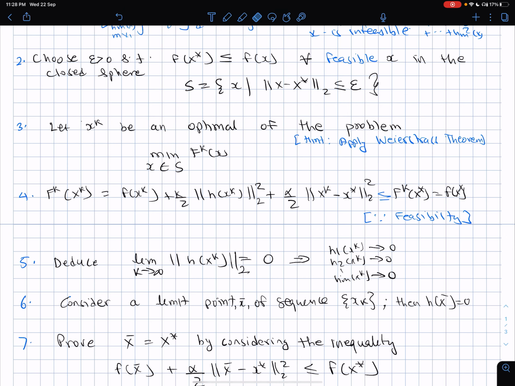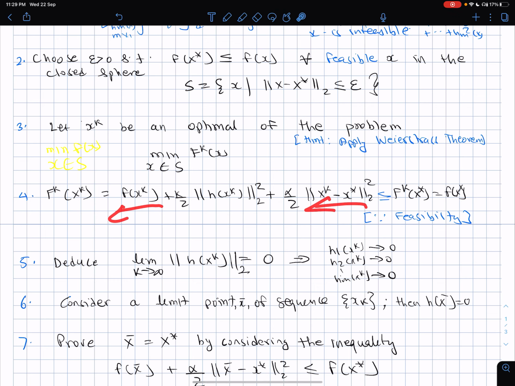Let me rub this here and minimize f of x, x coming from set S. If I look at it, the Weierstrass theorem is applicable here. f is a continuous function, S is a compact set, therefore it will always attain a minimum. If the minimum is attained, it means it is finite. So this has a lower bound, so this cannot go to minus infinity.